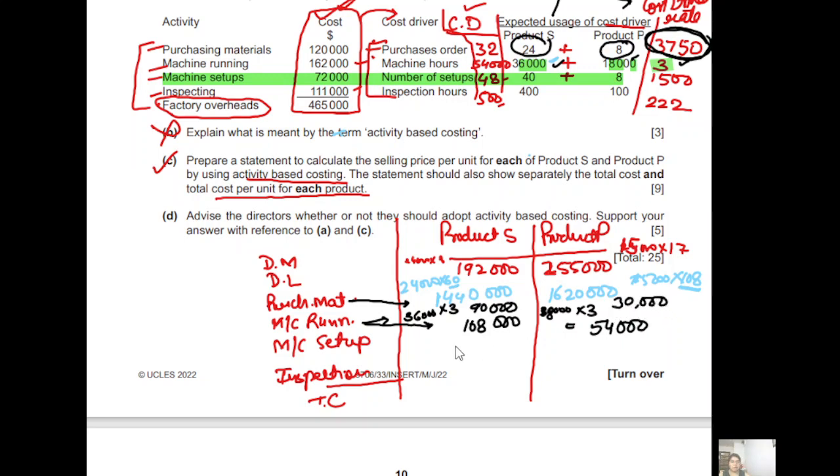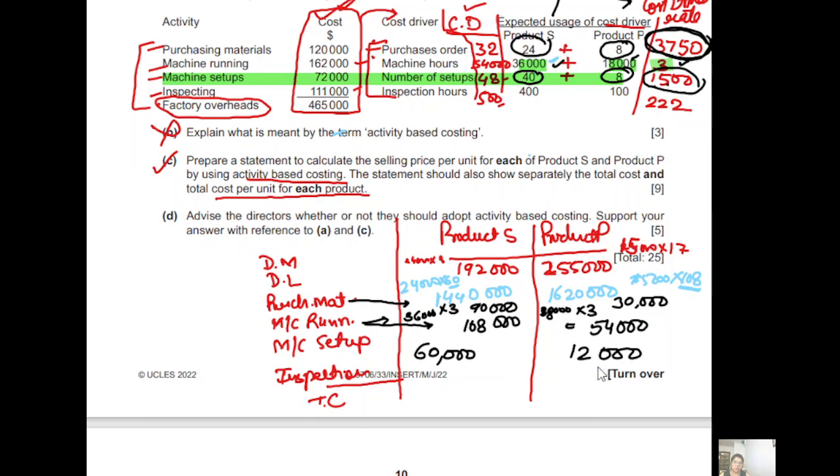Fine. For machine setup, 1500 is your cost driver rate. So again 40 into 1500, that is 60,000, and then 8 into 1500, that is 12,000.